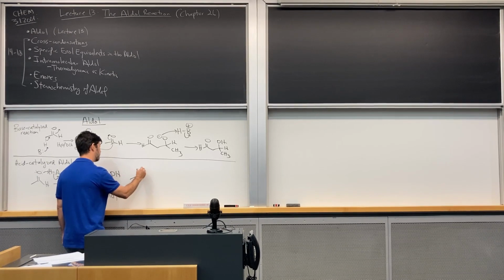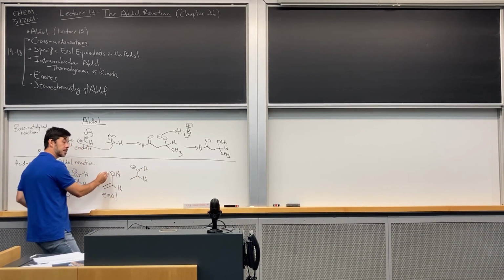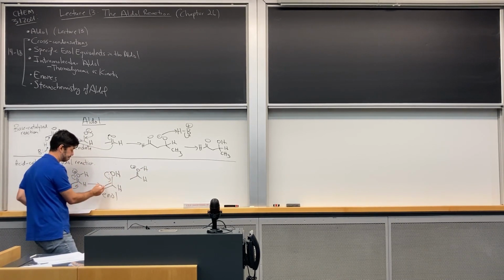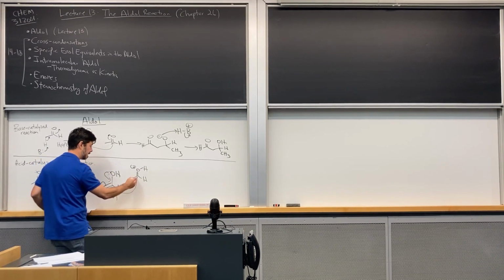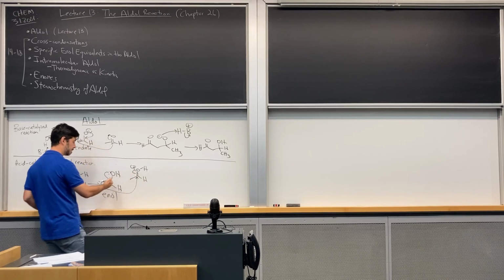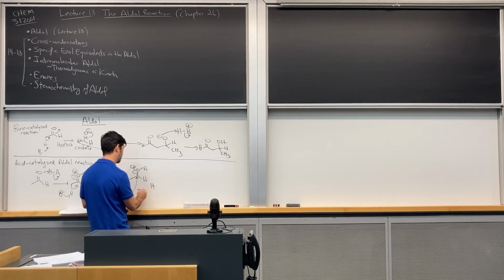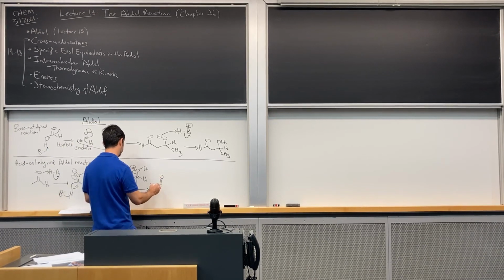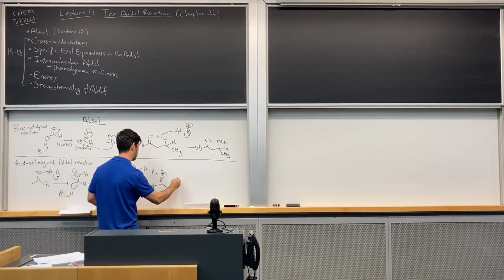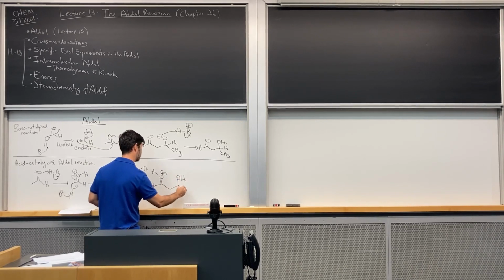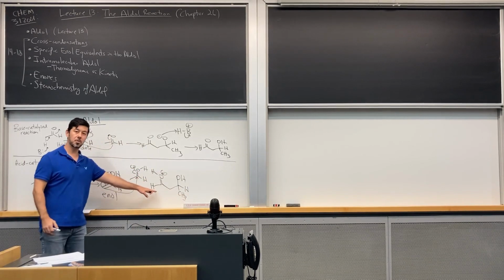So we will take this protonated aldehyde, and now your enol can come, electrons come down, the double bond attacks the aldehyde like I'm showing you here. And what you will generate is this molecule here.